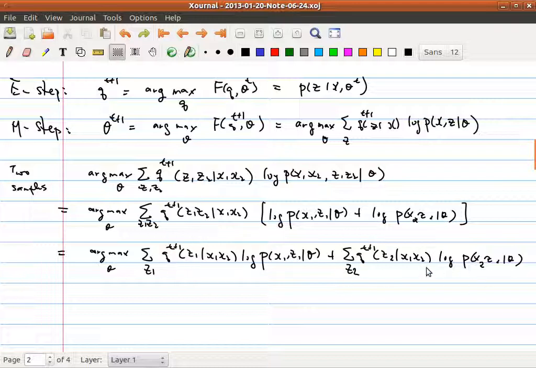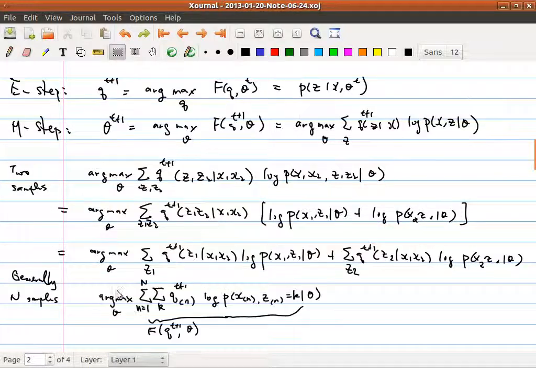Similarly for the second term, I have this q only with respect to z2. So generally, if we have n samples, we will have n of these terms of summation over z. Here I use the sum over k instead, where k indexes the values of z.